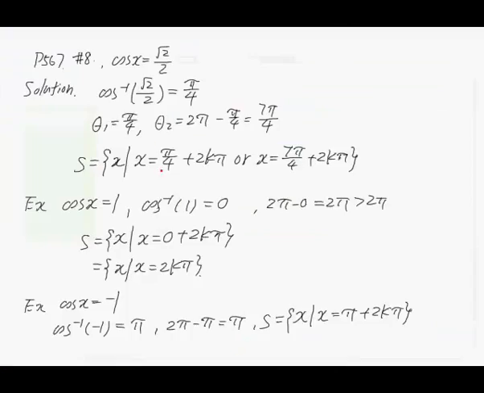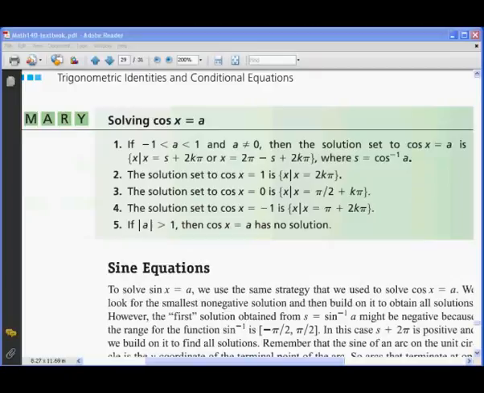We just covered this case in problem 8, right? So this root 2 over 2 is greater than -1 but less than 1. First, we find one specific solution, so this is the s. And then we find another specific solution by 2 pi minus this s. And then use these two specific solutions to form the general solution by adding multiples of 2 pi to them. So this s is just the inverse cosine of a.